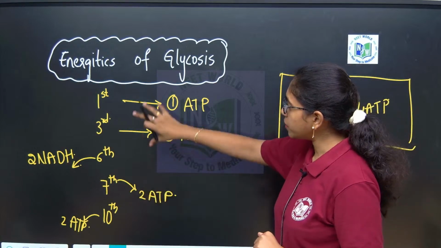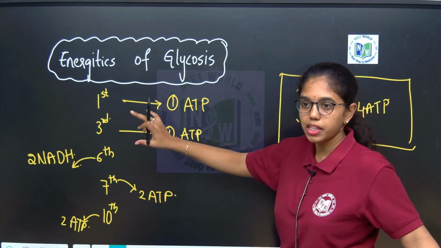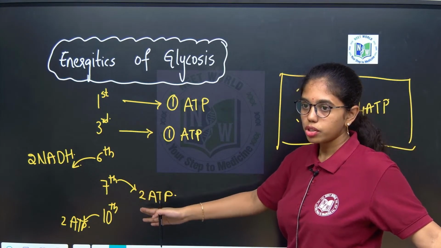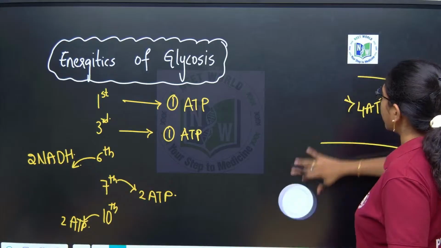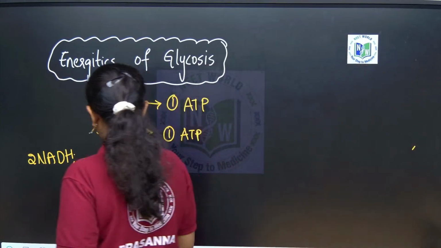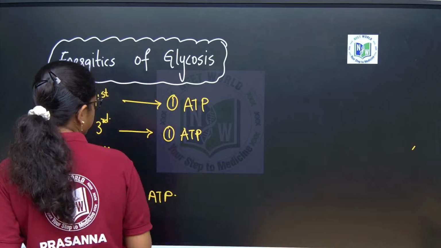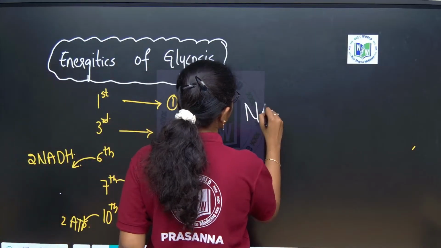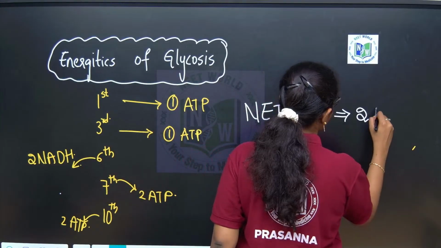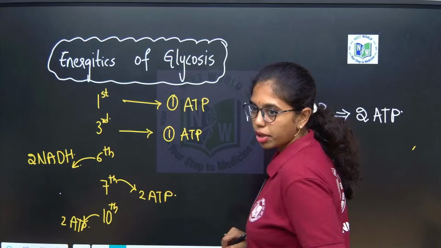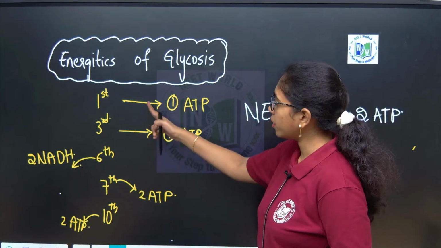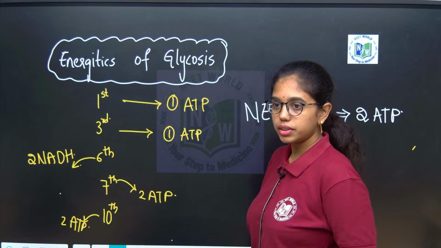The energy these steps utilize has not come from space, it has come from here only. So, if we have to calculate the net ATP of glycolysis, what is it? Net ATP will be 2 ATP, right? Because of the 4 ATP released into the cytoplasm, 2 are being utilized by first and third steps.